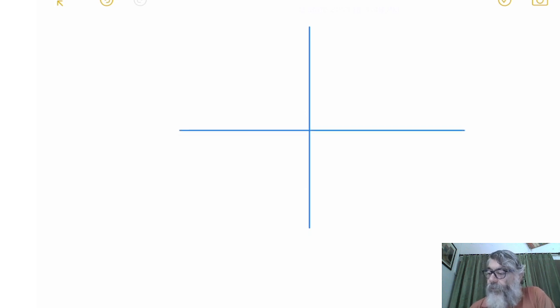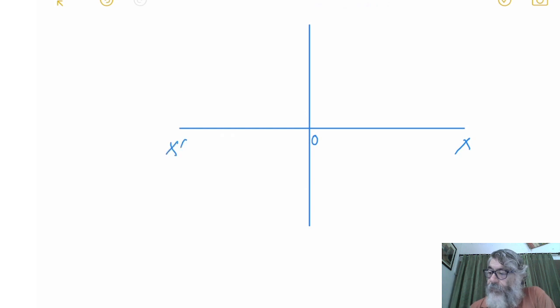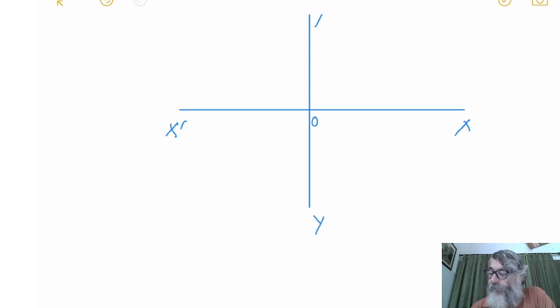Like this is O, X, X dash, Y, and Y dash. Horizontal line, vertical line. We told you in the previous videos about that.